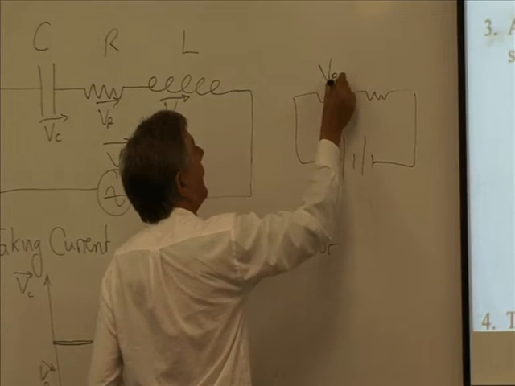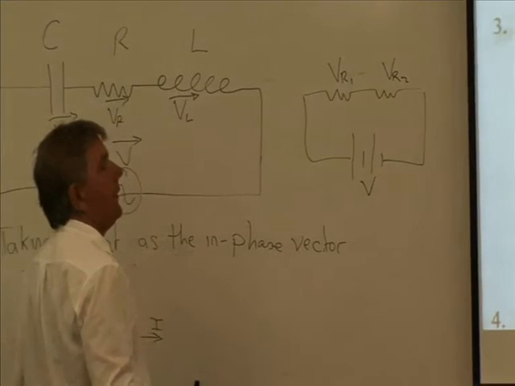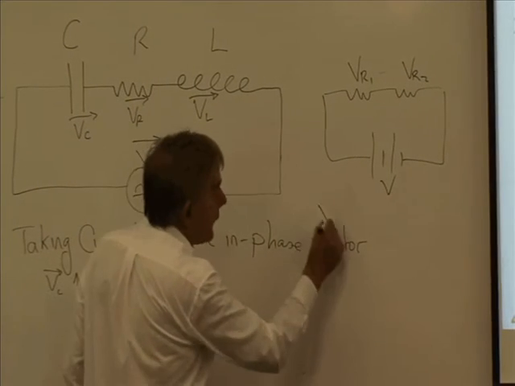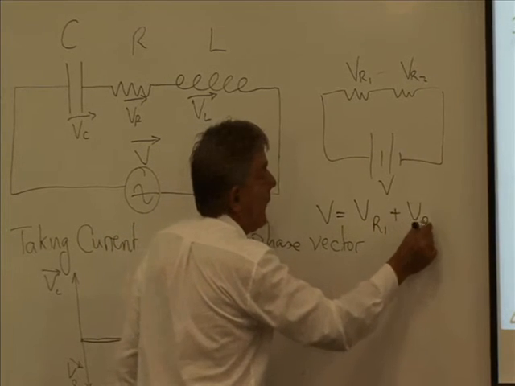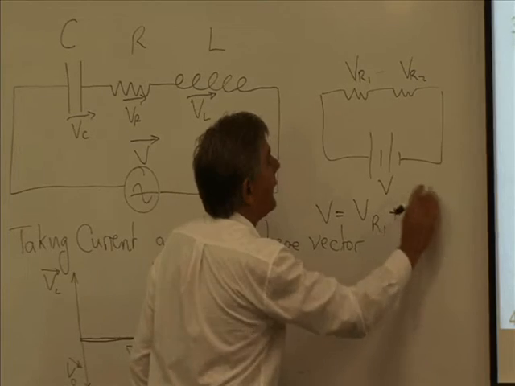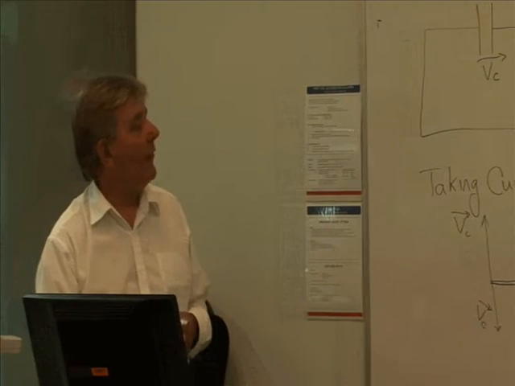The voltage across them is VR1 and VR2, and the battery's voltage is V. Then in this DC case, V equals VR1 plus VR2. And that indeed is Kirchhoff's law: the sum of the voltage drops around any closed loop of a circuit is 0.